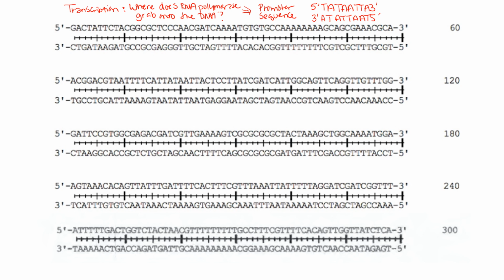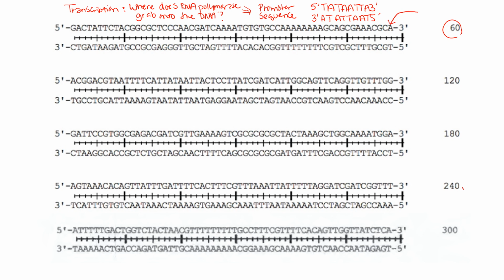What's nice about this particular image is that we can number the nucleotides. We start with 1 and we end with 600. In this particular slide, I'm showing you 300 of the nucleotides. The numbers depicted here on the right-hand side represent the number of the very last nucleotide in that strand.